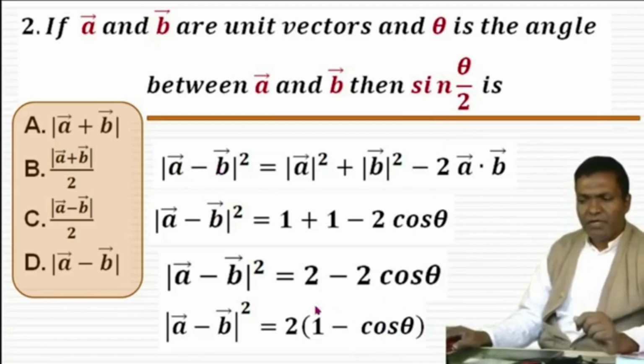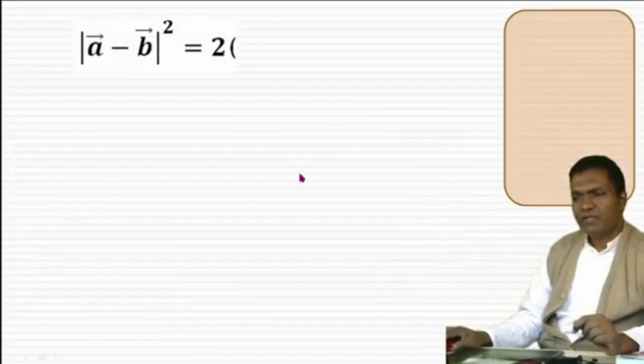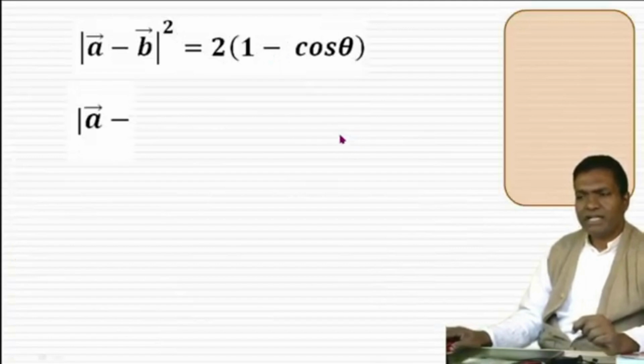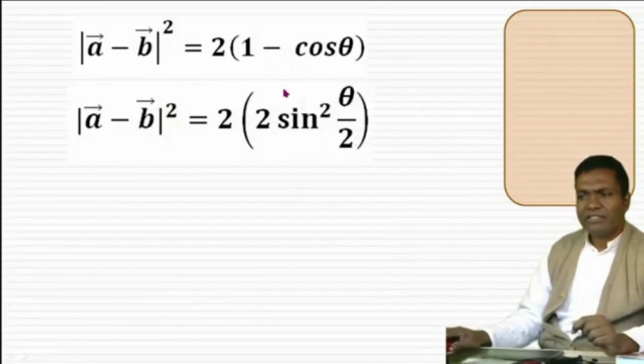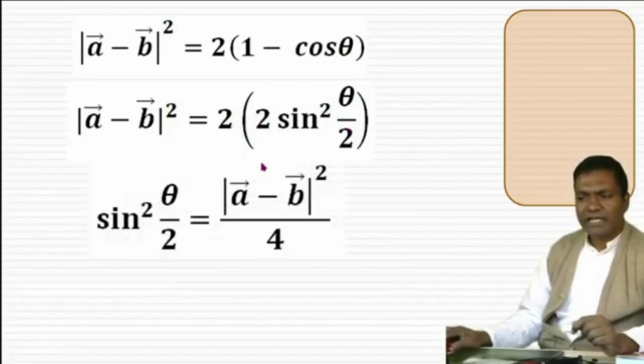Now you need to write 1 minus cos theta as 2 sine square theta by 2. Now 2 into 2, 4 you will get. So sine square theta by 2 can be written as magnitude of vector A minus vector B whole square by 4.